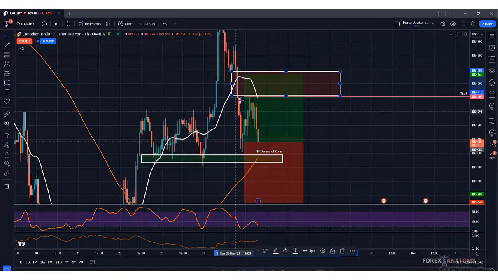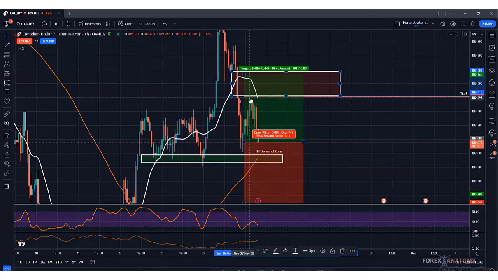We could have closed out right around here, but I decided to shoot for a bigger target since we had a wider stop. I think my mistake with this trade was having a wider stop than I should have had.